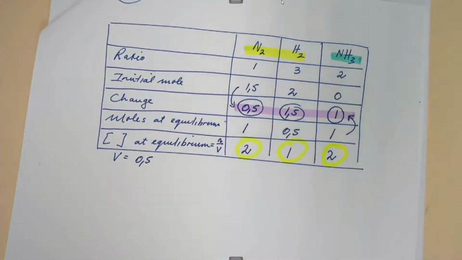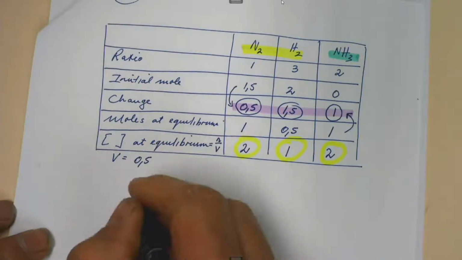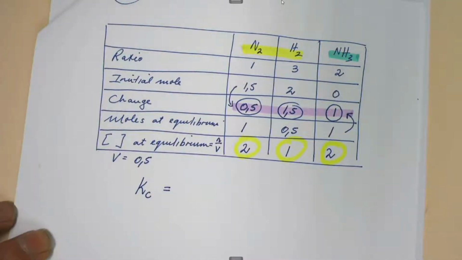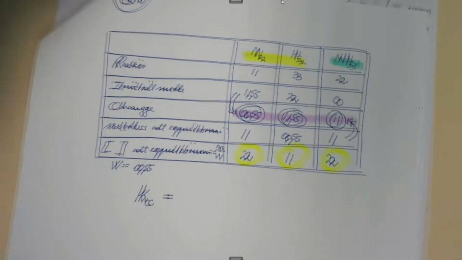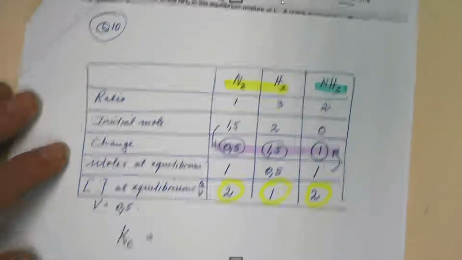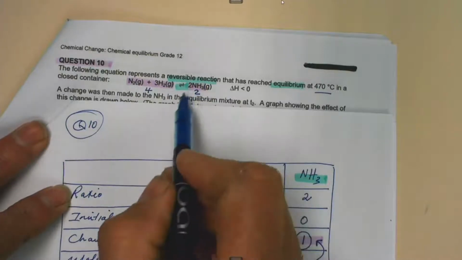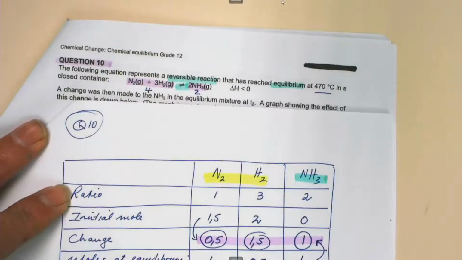And that is the values I'm going to use in my Kc expression, in my Kc formula. All right, now I need to write down my Kc formula. To be able to write down my Kc formula, I go to products. There's my products going to the top, and that coefficient will be to that power.